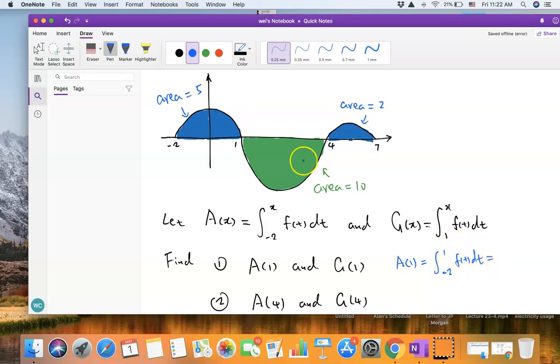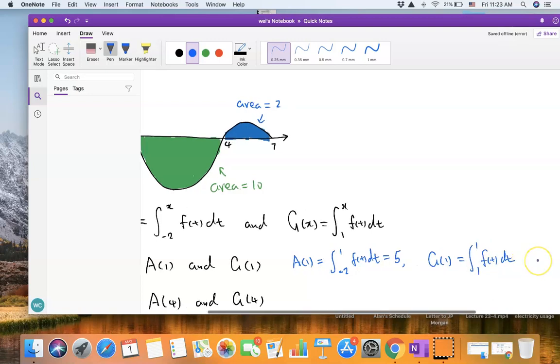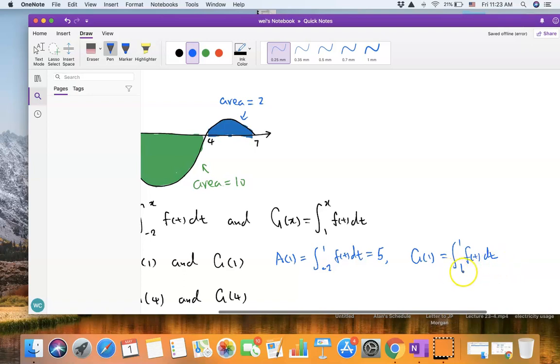For -2 to 1, the net area equals pi. So the answer is pi. And G of 1 equals the integral from 1 to 1 of f of t dt. In the previous video, we said if the lower bound and the upper bound are equal, then the integral equals 0. So G of 1 equals 0.